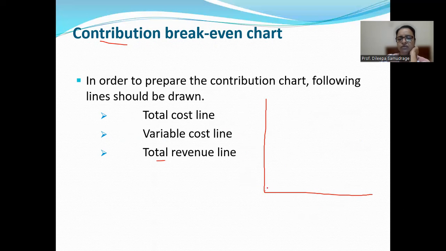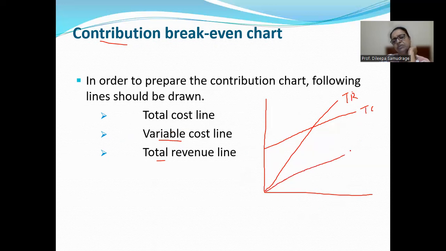First we'll draw the total revenue line. This is your total revenue line. It starts from 0. Then the total cost line. Total cost starts from fixed cost. Then the variable cost line goes like this. Similarly, you can show the break-even point here.